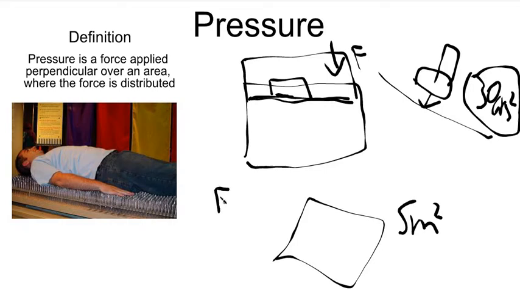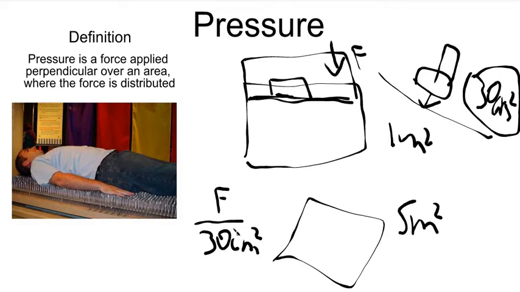So you would be applying a force F, which I'll calculate later, over 30 centimeters squared. But let's say you lie down on the asphalt and your body is, let's say, 1 meter squared.